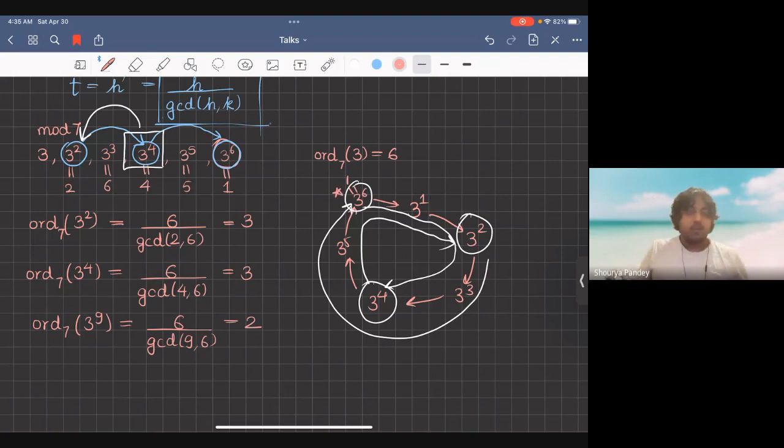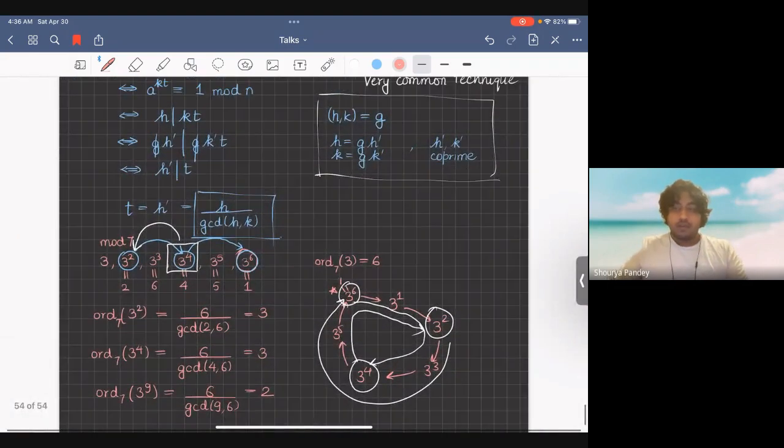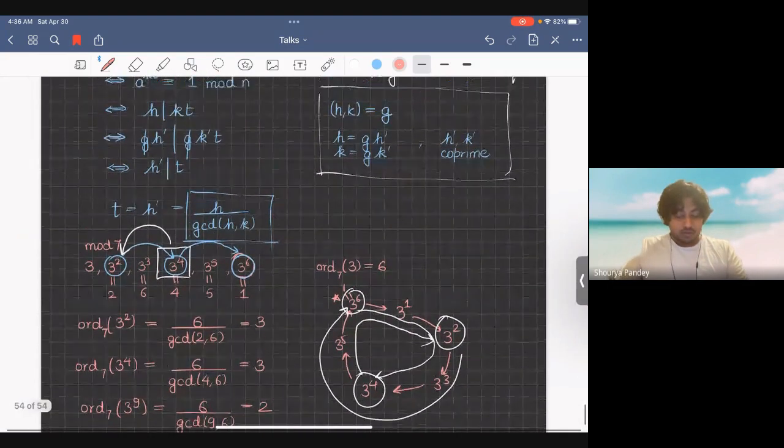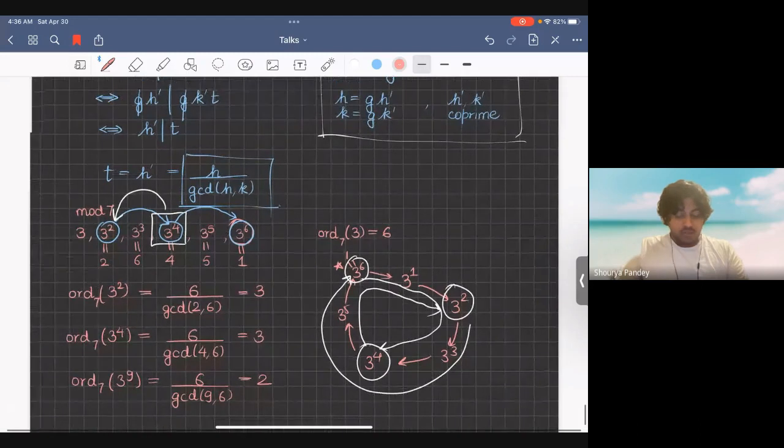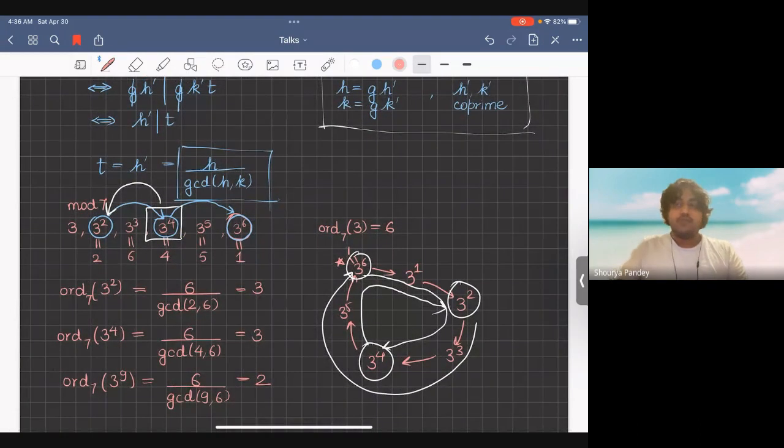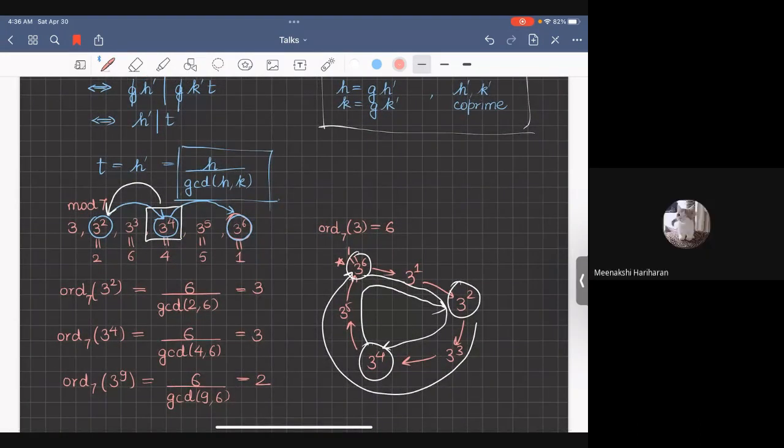That's just 2, because 9 times 2 is 18, which is 0 mod 6. Is it clear? Just to make sure. Okay, great. Awesome.